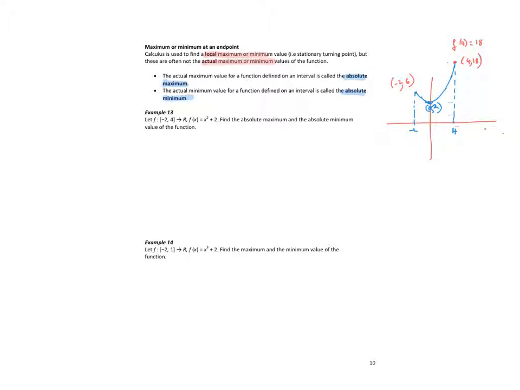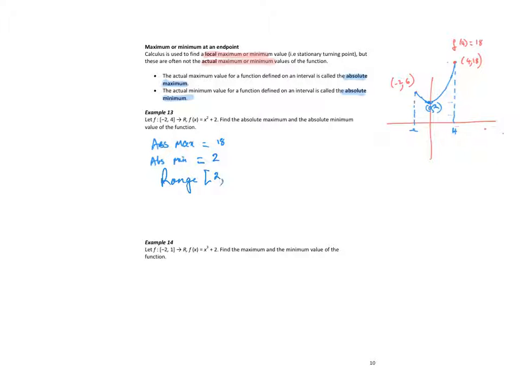So the absolute maximum, and we can see, is equal to 18. The absolute minimum is, well, the smallest value of the function is 2, isn't it? Which means in reality, that's the information we need for our range.